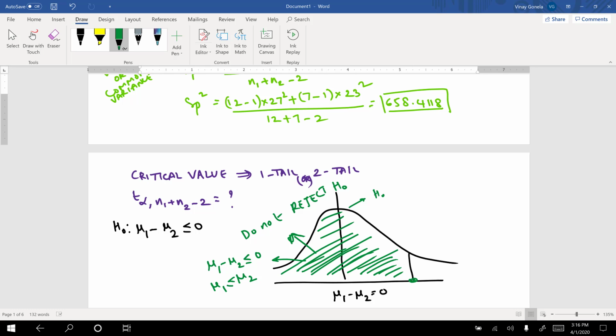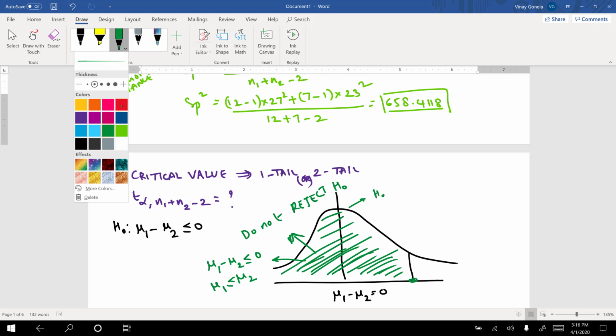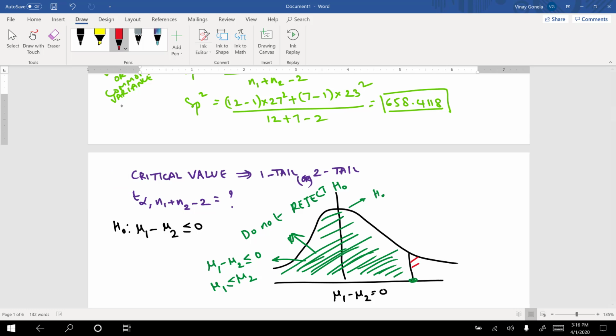If we look at the other side, this area will be our significance level. They gave us alpha 0.01, and because it's a one-tail test, we directly consider alpha. This will be the reject H null region.